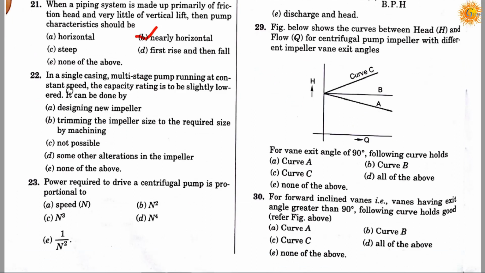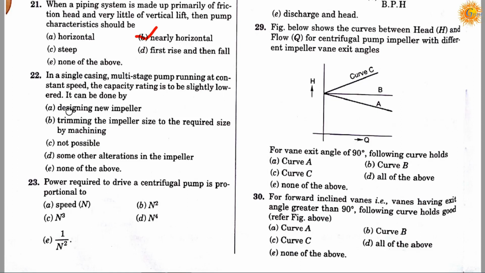Question number 22. In a single casing multi-stage pump running at constant speed, the capacity rating is to be slightly lowered.